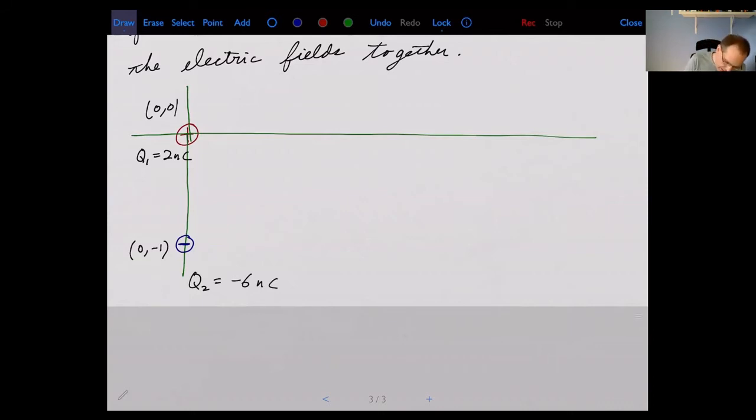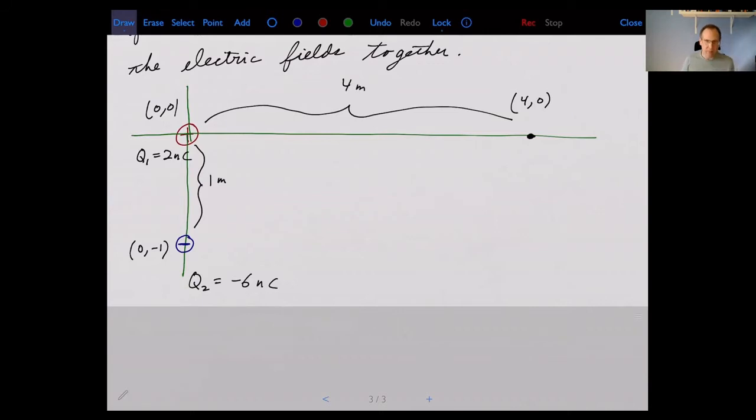So basically, the distance from here to here is 1 meter, if it has coordinates 0, -1. And then let's say I want to calculate the electric field at some other location, maybe right here. And this location I'll say is 4, 0. So that means this distance is 4 meters.